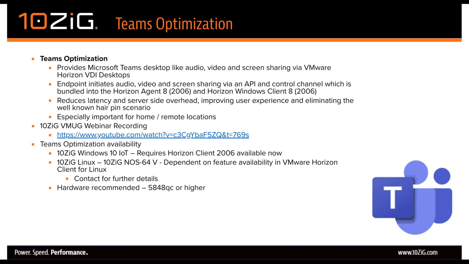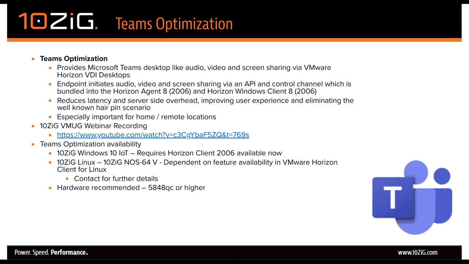Unfortunately, we are under NDA. All I can say is it's coming soon, and as soon as it's available, we'll be right on the pulse to get that out, and that will be integrated into the 10ZiG Linux clients as well. But that is purely dependent on the Horizon Linux client supporting Teams optimization. Again, we are in regular contact with VMware on that.